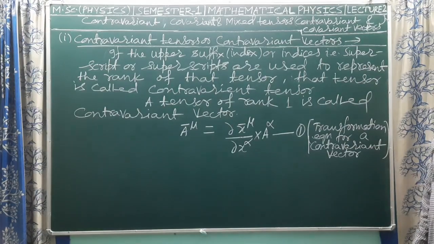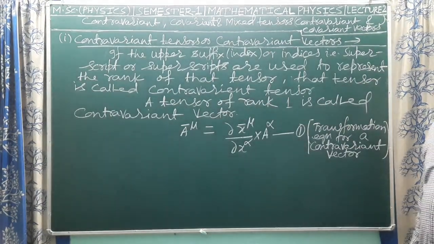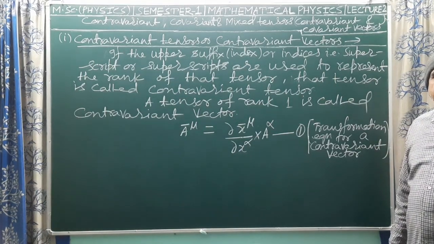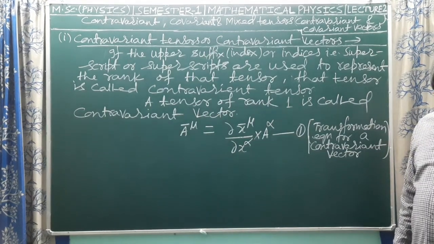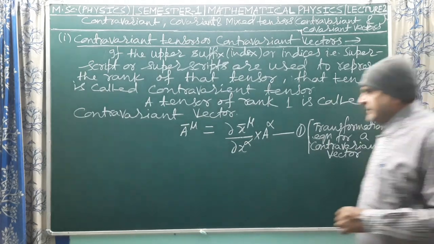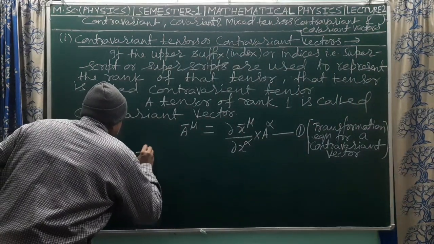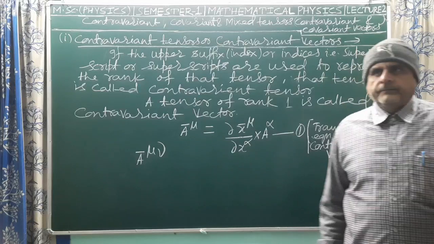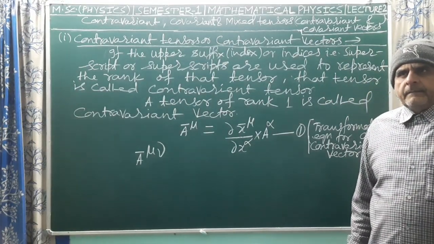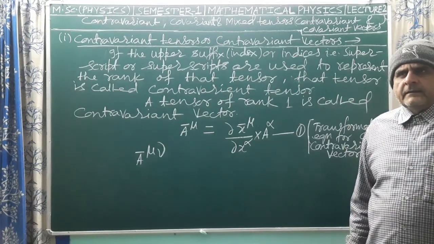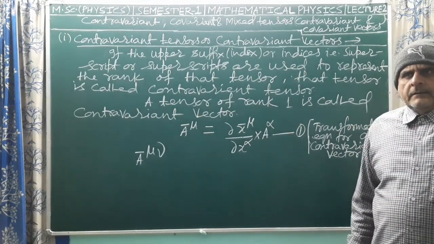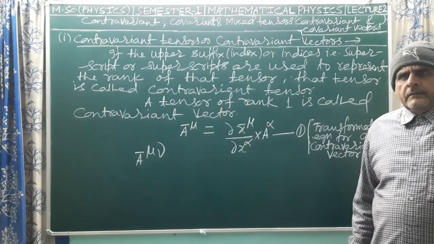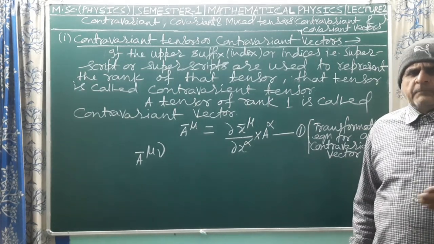Now the transformation relation for a contravariant tensor of rank 2 can be expressed as follows. Here a bar mu nu are quantities in another system, that is the prime system or bar system.